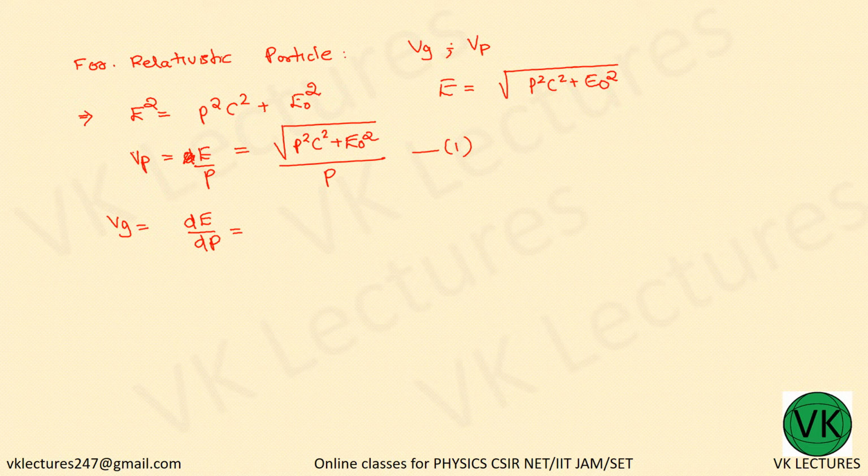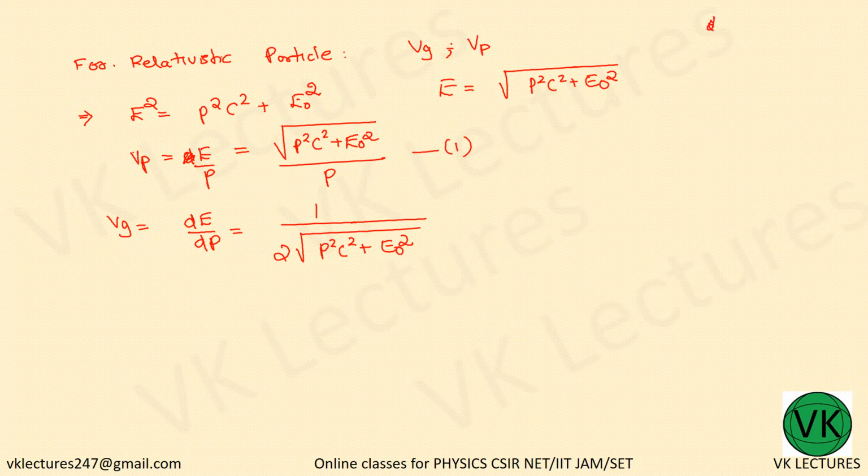Now the root x derivative is 1 by 2 root x into dx, and what is the x? x is nothing but p square c square plus E naught squared, into dx.